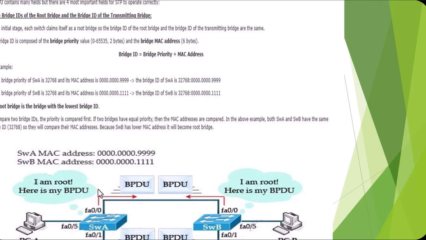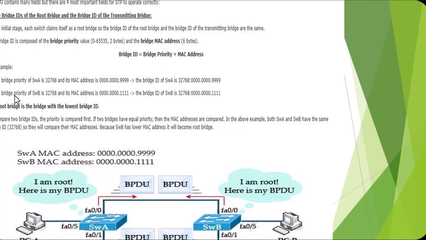The bridge ID is composed of the bridge priority, which is from 0 to 65535, 2 bytes, and the bridge MAC address, 6 bytes. So bridge ID is bridge priority plus MAC address. For example, the bridge priority of switch A is 32768, and the MAC address is 0000.0000.9999, and the bridge ID is this number.